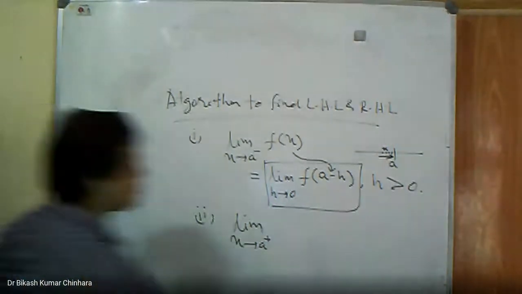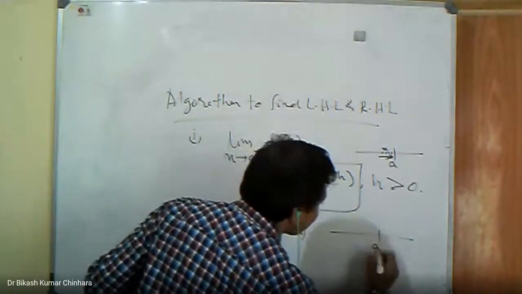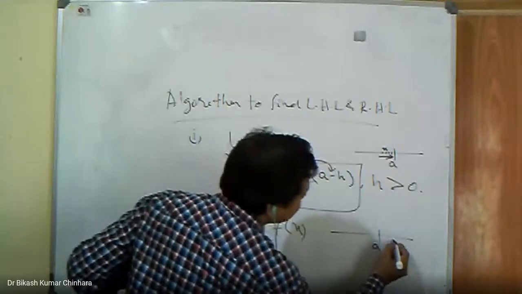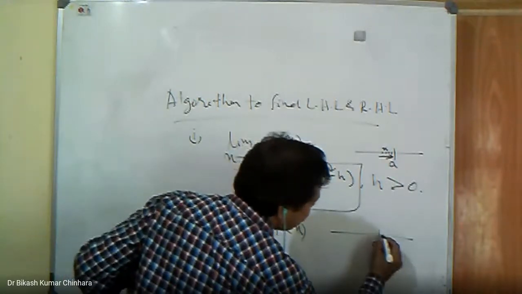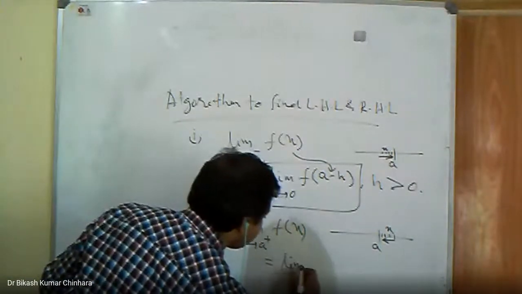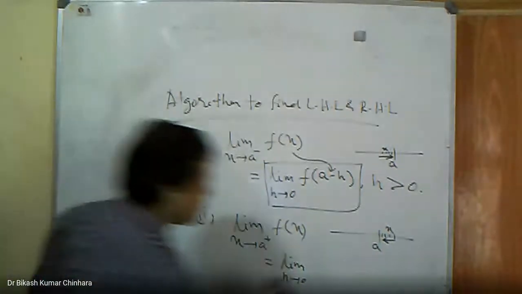And similarly, if I am interested to find the RHL, geometrically its meaning is your a is here, so x is approaching from the right. So you may write like this, and where is x? x is here. So this can be written as limit h tends to 0, h meaning a small quantity I am specifying.